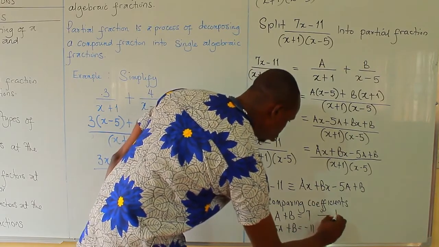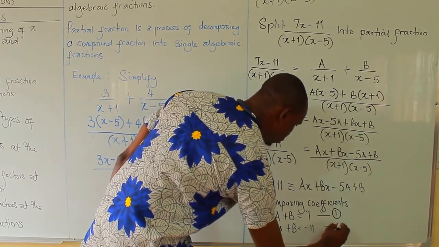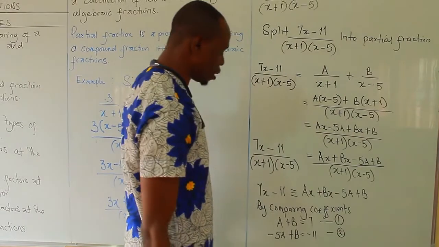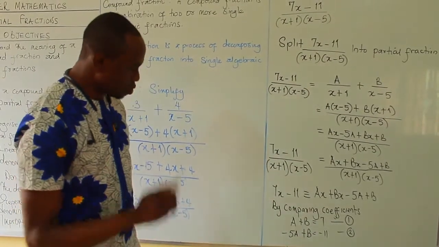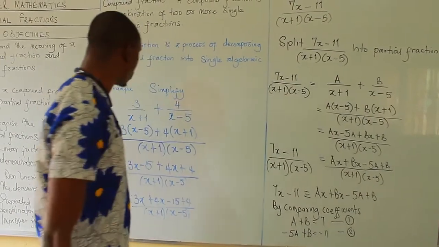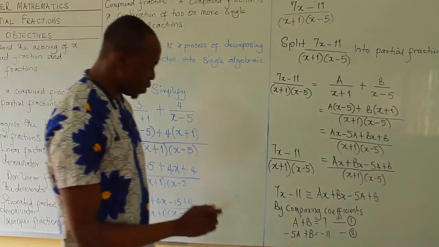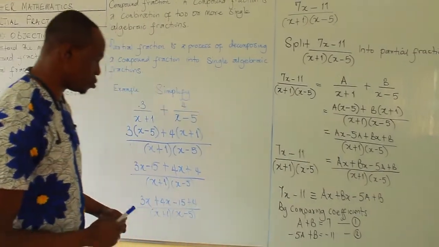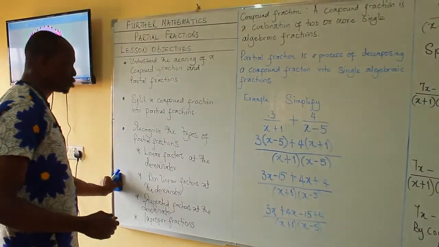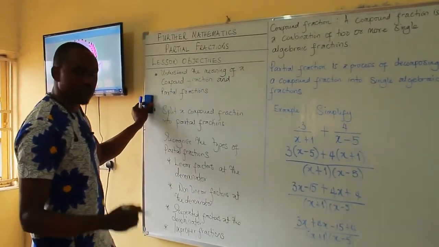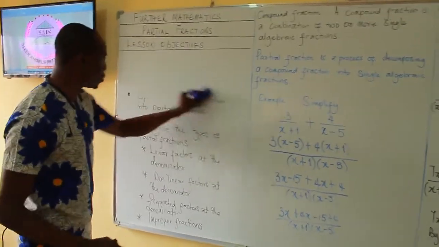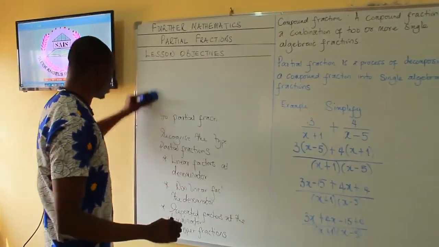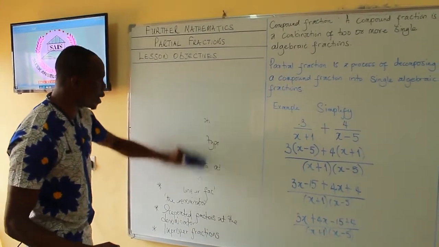I've been able to get two equations, and I'm going to solve them simultaneously to obtain the values of a and b. Remember, a must be equal to 3 and b should be equal to 4. So I come to this section of the board to solve those equations simultaneously. So I just clean this section and then rewrite the question.